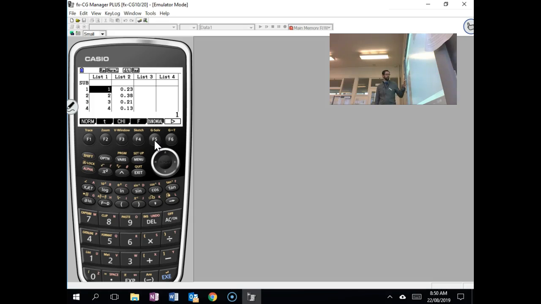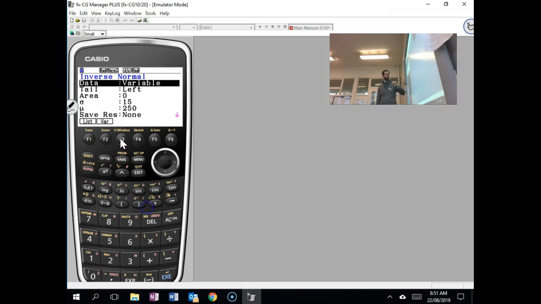We're still working in the normal distribution. Because we're not getting probabilities this time, but getting a value from a probability, it's kind of an inverse process to what we were doing before. Which means we're going to pick INVN, which stands for inverse normal. So F3.